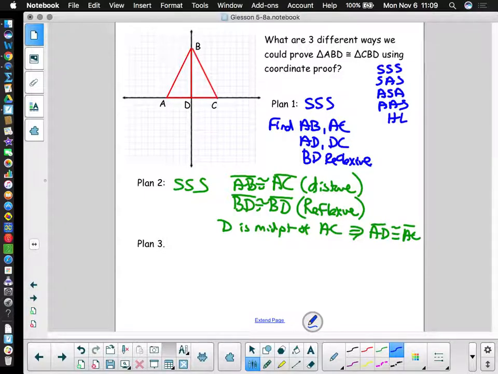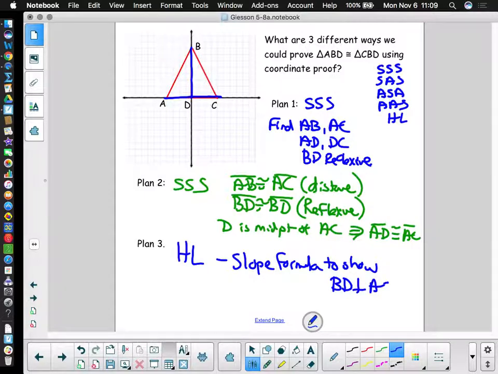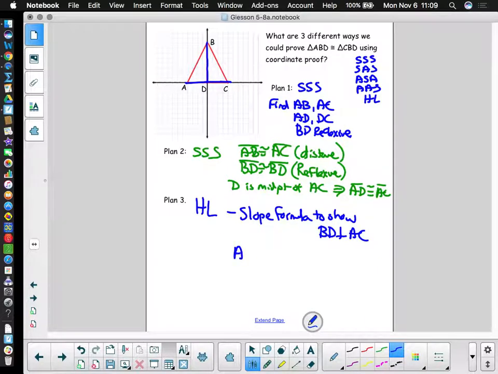Our third method here might be to, since I do have what appears to be a right angle here, I could probably use HL and use slope formula to show that BD is perpendicular to AC. And then again, AB congruent to BC by distance formula.